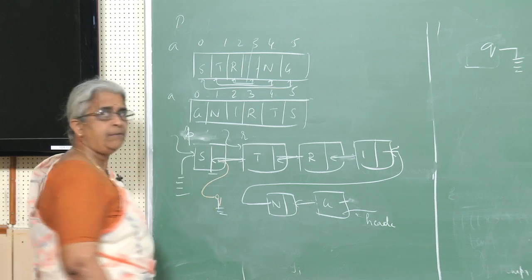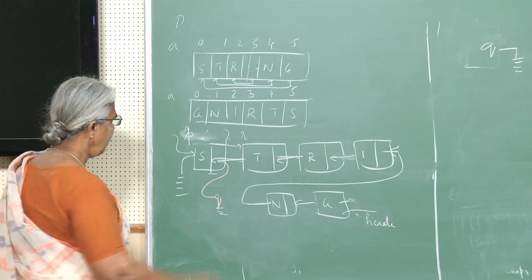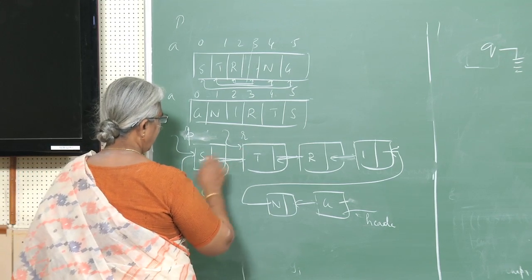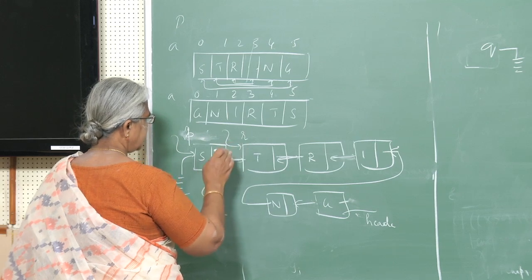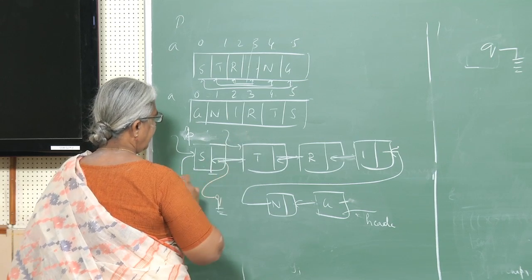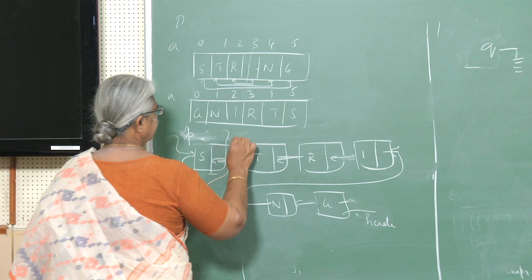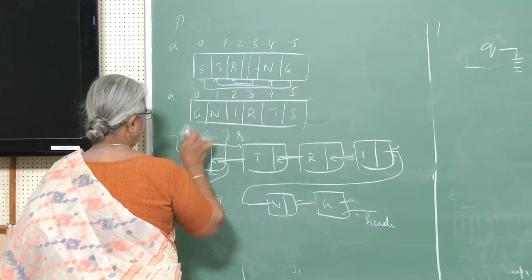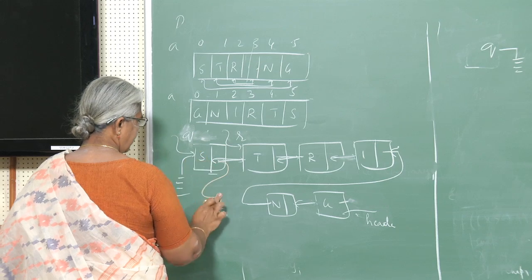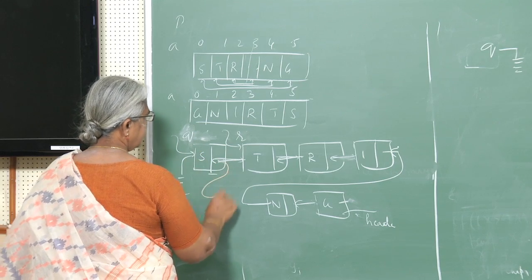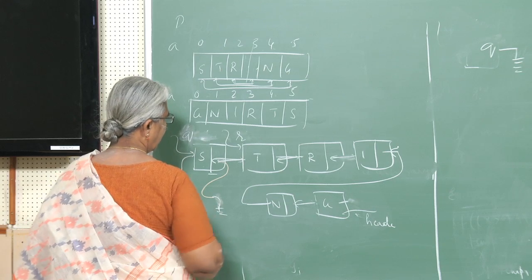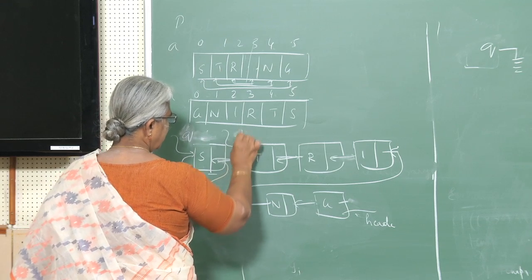Next, what are we doing? We are setting Q equal to P, because Q is updated over here, and we are setting P equal to R. So, R is the new P pointer now.